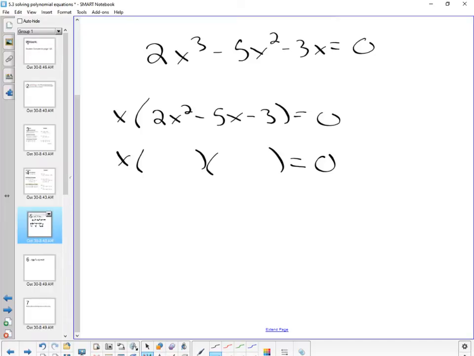You should coin that before someone takes it. Because when you think about this, the only way to get 2 is 2 and 1, right? The two numbers up front have to multiply to this, so one has to be 2x, the other one has to be x. There is no other way. I mean, you could swap them, but it's still going to be x and 2x. This last number, 3, is also a prime number, isn't it? So the only way to get that 3 is going to be a 1 and a 3.